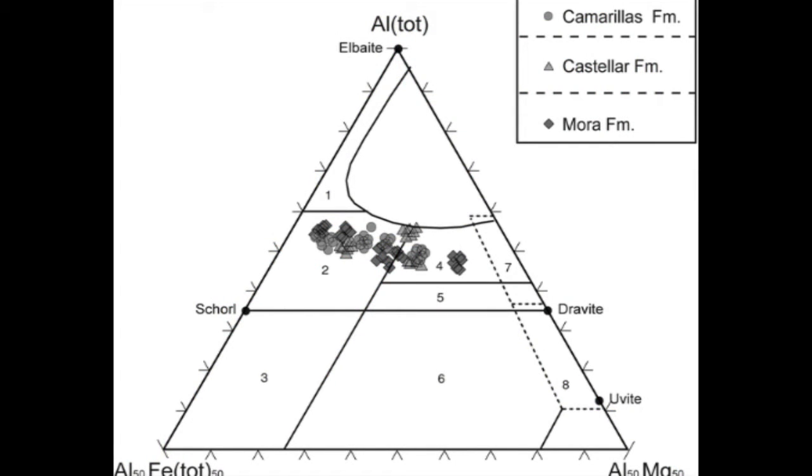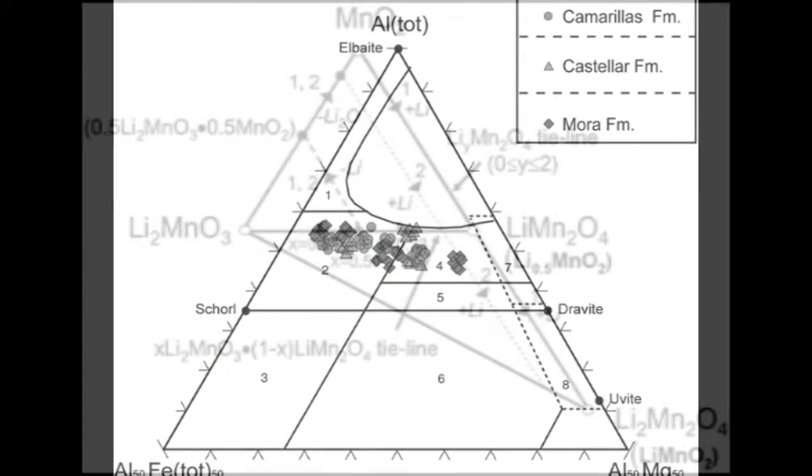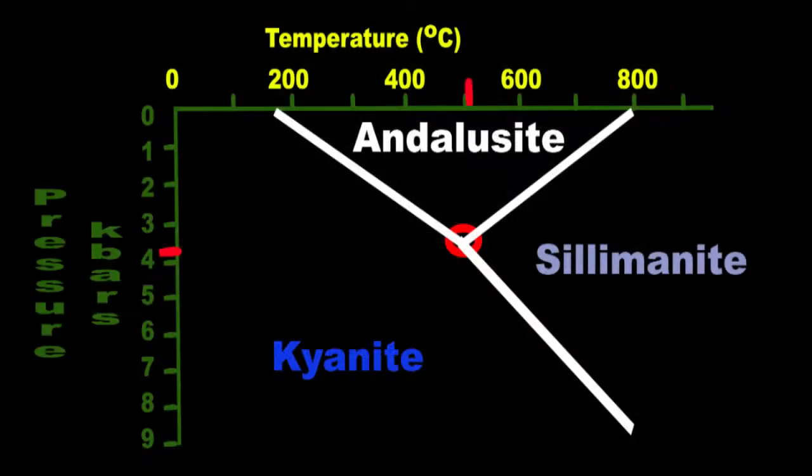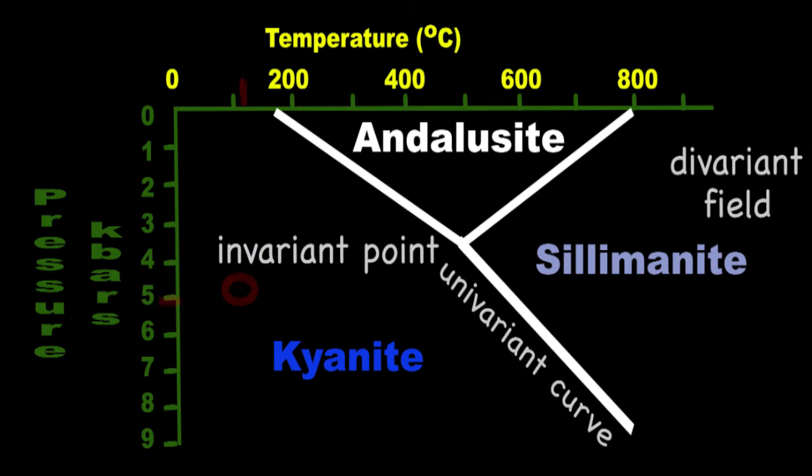In this case, we need to choose a specific temperature and pressure and plot out the stable mineral forms that might appear on this compositional diagram for those conditions. We can't choose any temperature and pressure, as these diagrams are made within divariant fields and avoid univariant curves and invariant points.